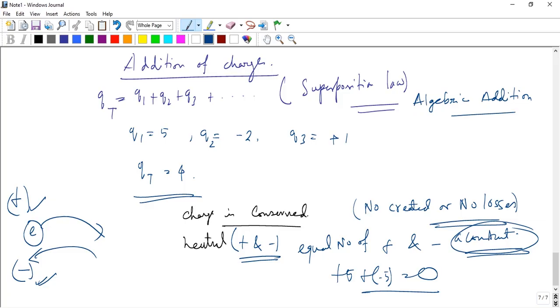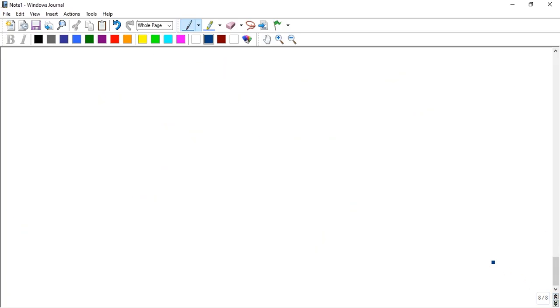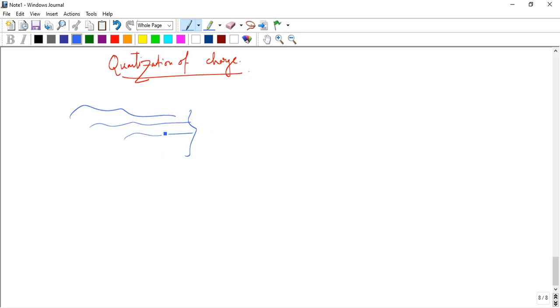Now let's discuss the quantization of charge, a very important concept. Charge is not continuous. Like the flow of water in a river is continuous, but charge flow is not continuous.